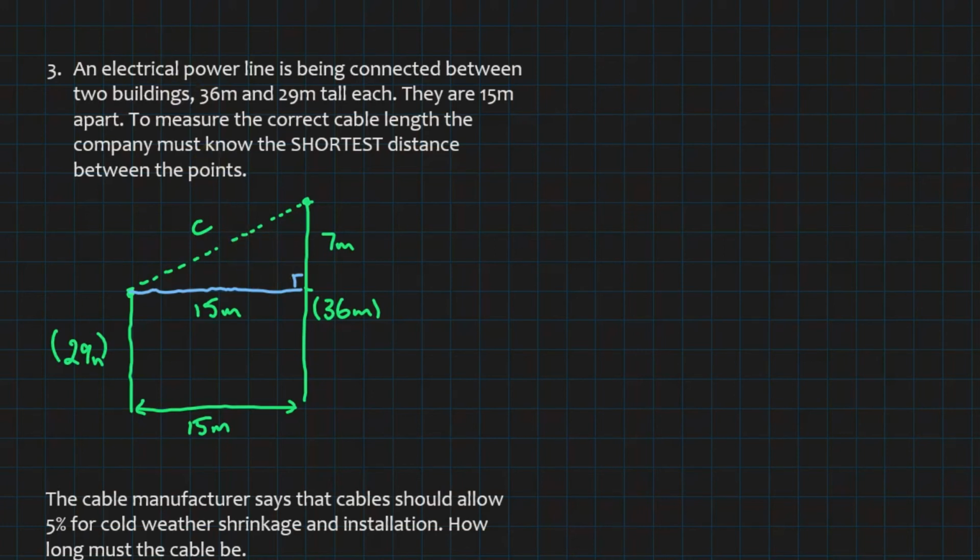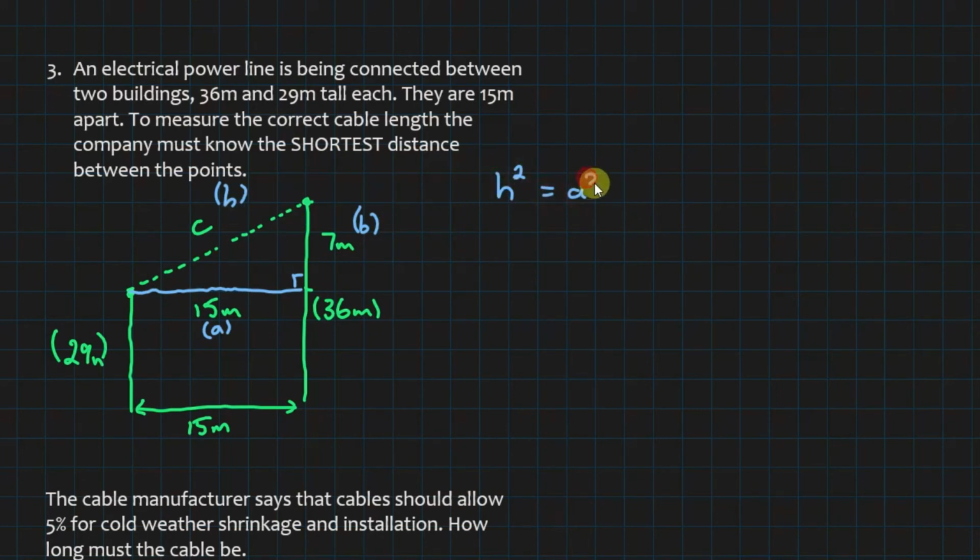C is opposite my right angle, so my hypotenuse. It doesn't matter about the other two, which way round they are, they're both the legs on the right angle. So stick the numbers in, or let's write the formula just to remind you.